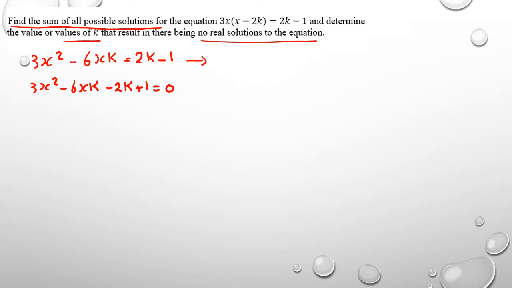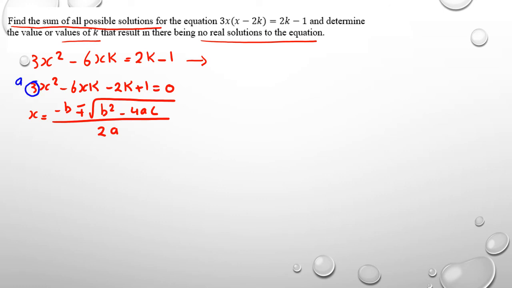So I'm going to use the quadratic formula. x equals negative b plus minus square root of b squared minus 4ac over 2a. That's the quadratic formula. Now this is a, that's your b, and that's your c.